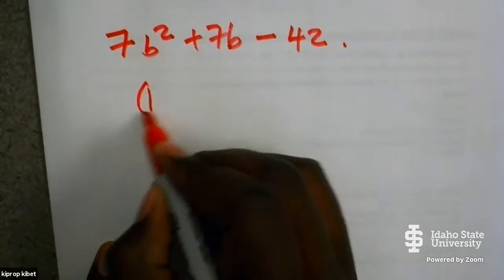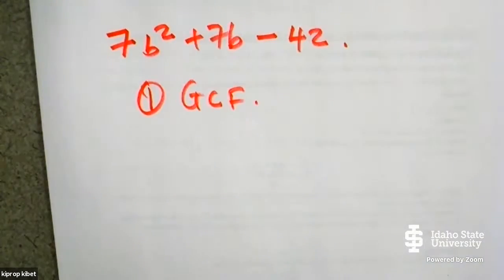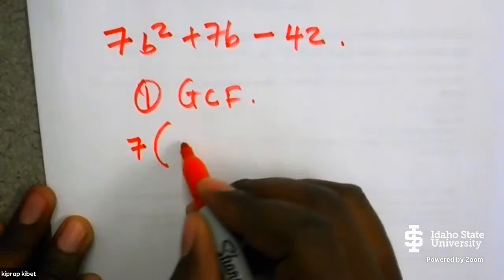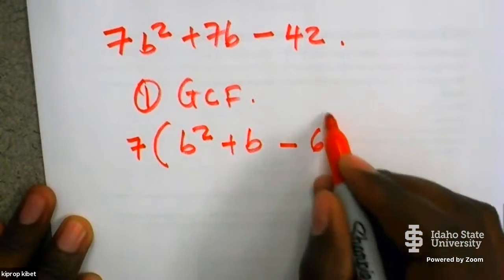So step number 1, get the GCF. And the GCF there is 7. So 7, and then b squared plus b minus 6.